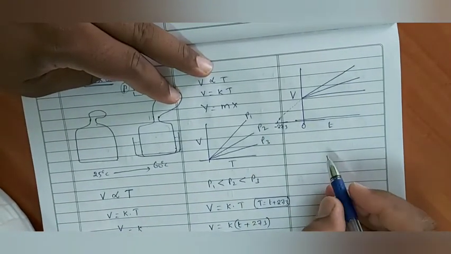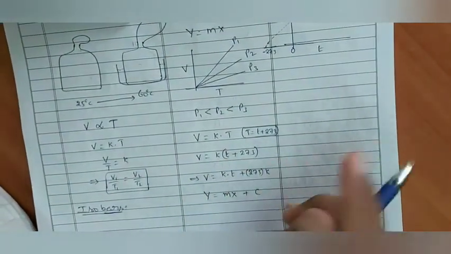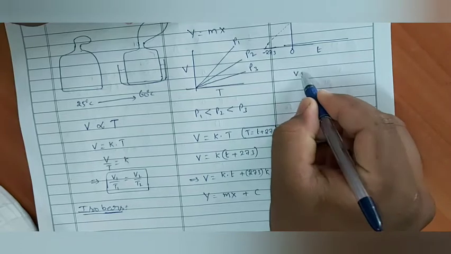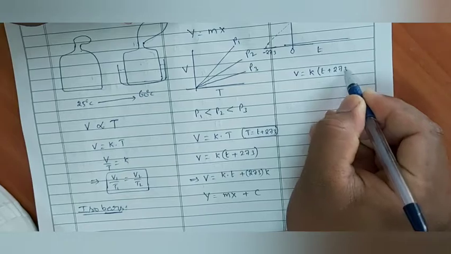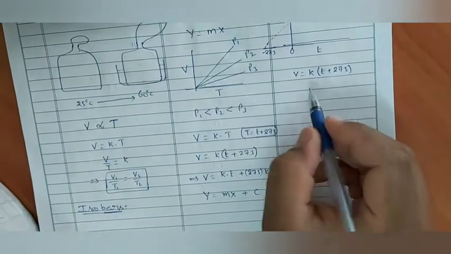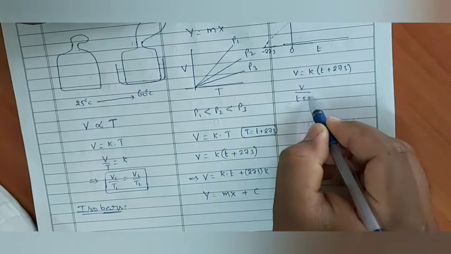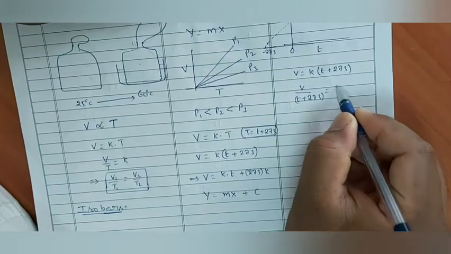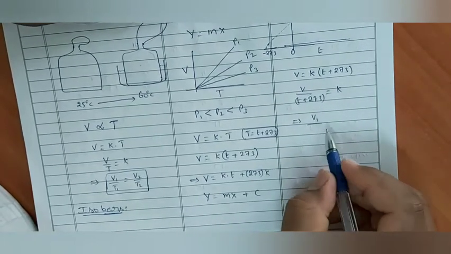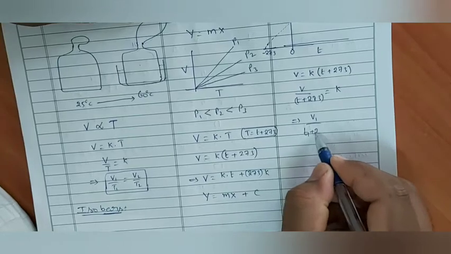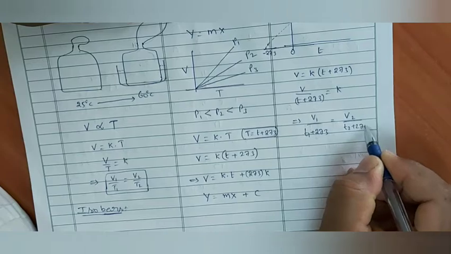Now, once again I am going to write this relation. V is equal to K into (small t plus 273). V by (small t plus 273) is equal to constant. This implies V1 by (T1 plus 273) is equal to V2 by (T2 plus 273).